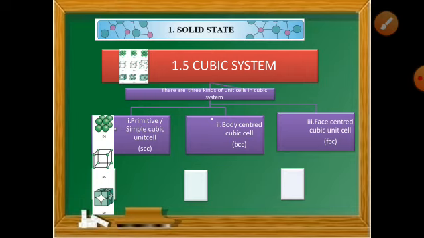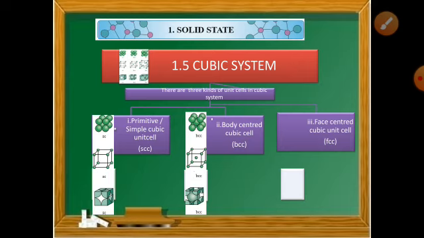In case of the second, why is it called a body centered unit cell? Here the particles are present at the 8 corners of a cube. In addition to that, one particle is present at the center of the cube, and that's why this type of unit cell is called a body centered cubic unit cell, or BCC.